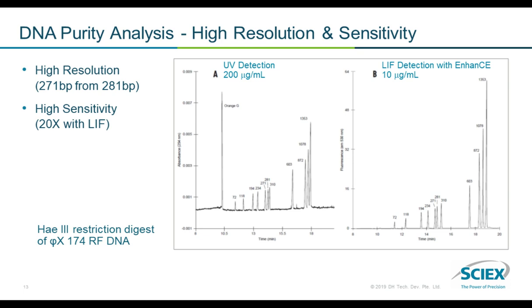You can get separation from 271 to 281 base pairs with baseline resolution here. If you are using UV detection, the sensitivity is about 200 microgram per ml, or 200 nanogram per microliter. But if you use LIF detection, you can easily detect at 10 nanogram per microliter, or 10 microgram per ml, with a very nice signal.